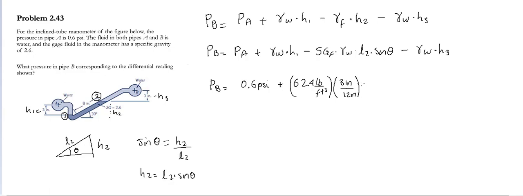And this becomes 1 foot. And then we do the same process for all of the remaining. So this one is negative 2.6, negative because it goes up. And then we do 62.4 pounds per feet cubed. And then we do L2, which is 8 inches.